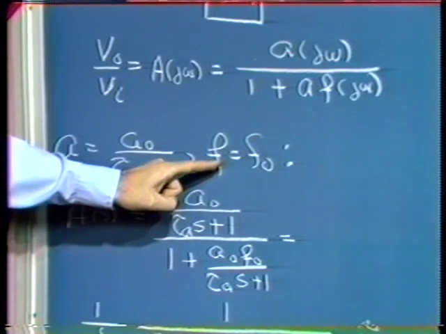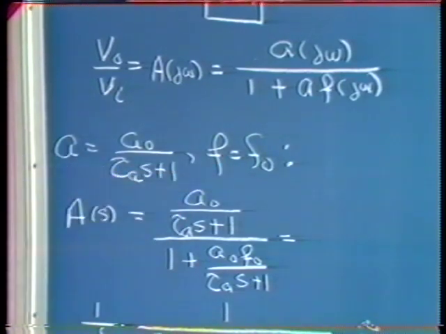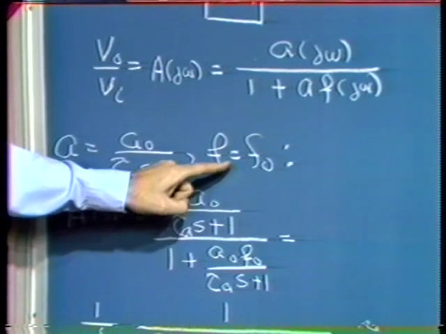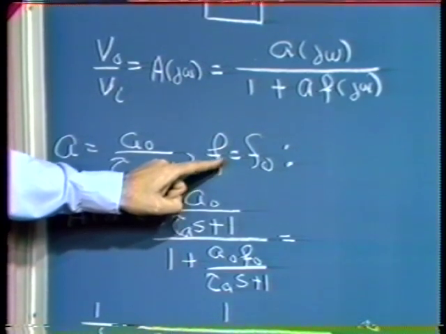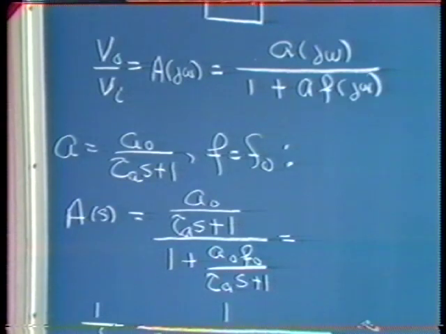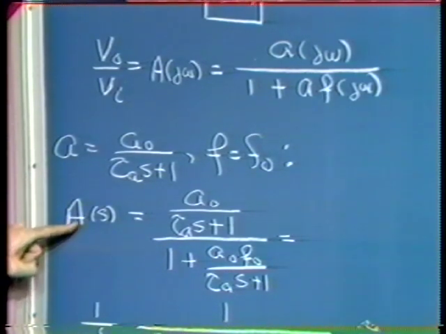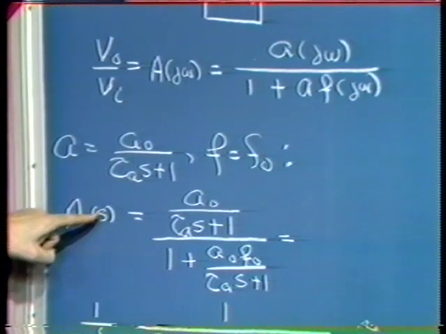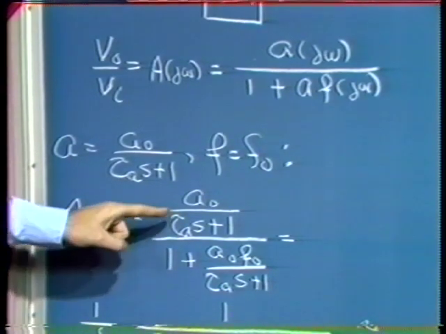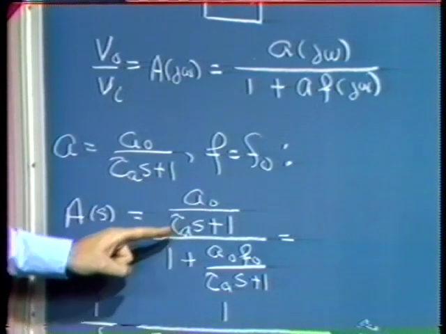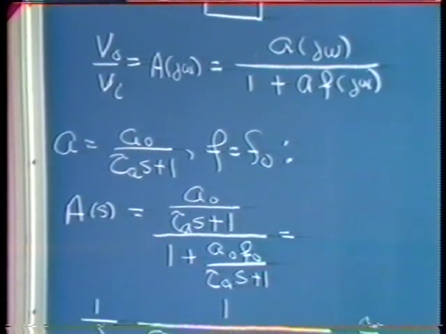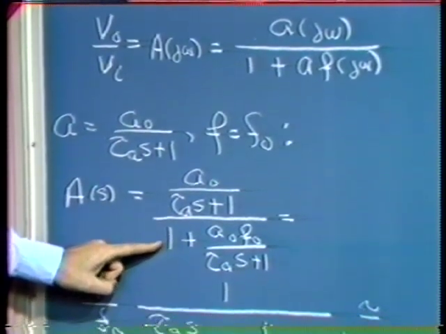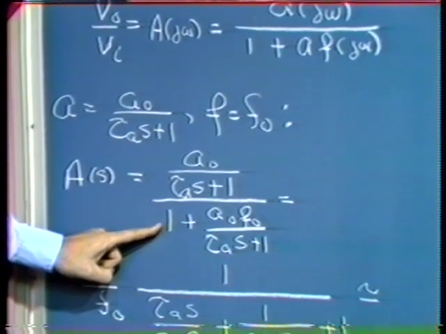Similarly, let's assume that the feedback path for our first system is in fact frequency independent, and we'll indicate that by simply having F equal to F0, not a function of S. If we then write the closed loop gain expression for our system, or the closed loop transfer function, since we're now frequency dependent, we find that capital A of S, the closed loop transfer function, is equal to simply the forward path transfer function, A0 over tau A S plus 1, divided once again by 1 minus the loop transmission.